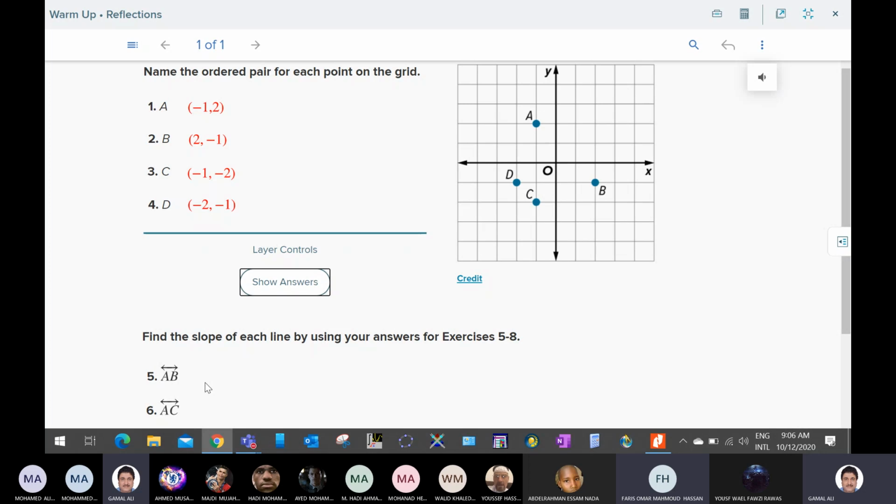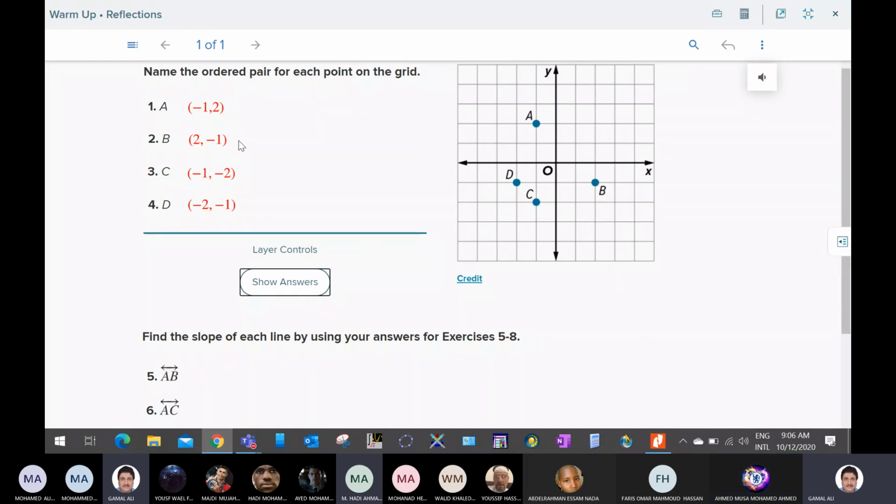Ahmed Musa, yes, sir. What is the slope of AB? 2 and negative 1. Slope of AB.